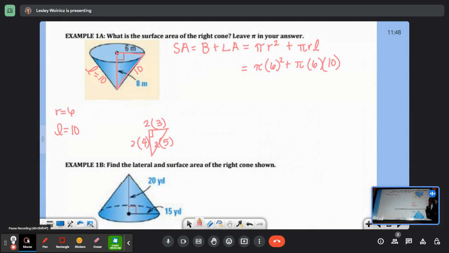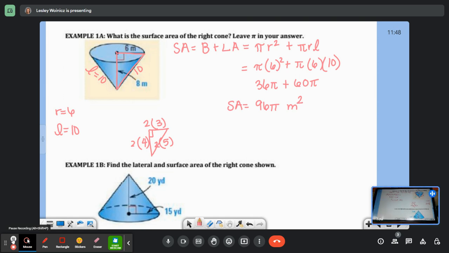And it says we want an exact answer with pi left in the answer. So we'll just simplify our coefficients and then combine our like terms. So 6 squared gives me 36 pi plus 60 pi. I'm getting 96 pi. So our surface area is 96 pi meters squared.